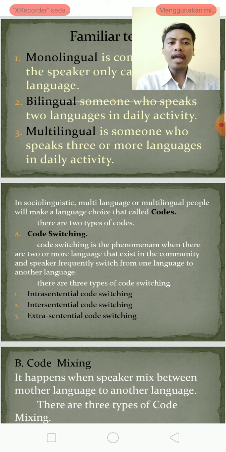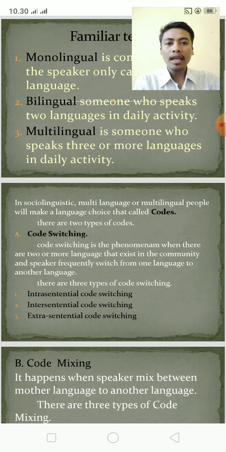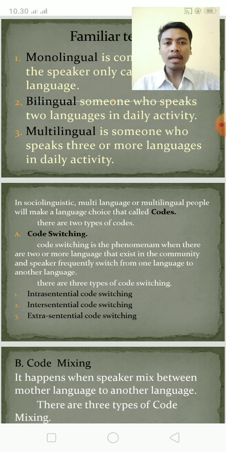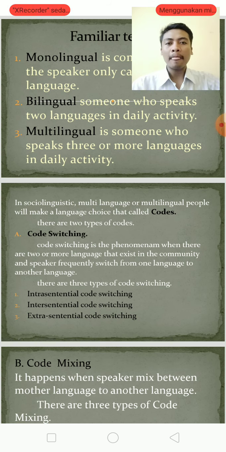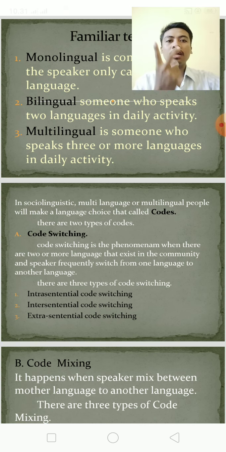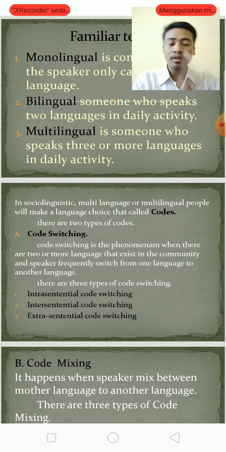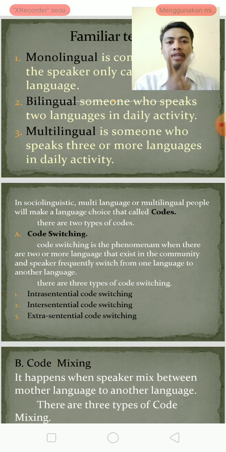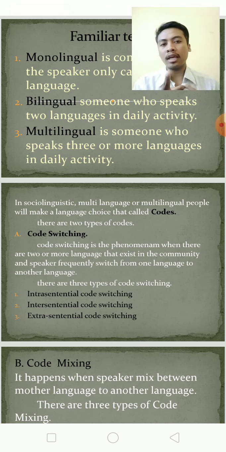Di tengah jalan aku bertemu sama nenek-nenek yang hendak menyeberang jalan dan dia tertabrak mobil. It means that there is one sentence in one language and the second sentence in another language, two languages in two sentences, Indonesian and English.